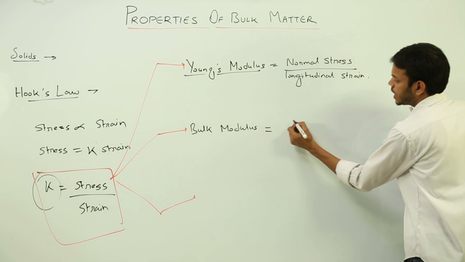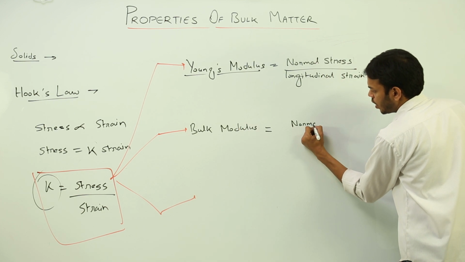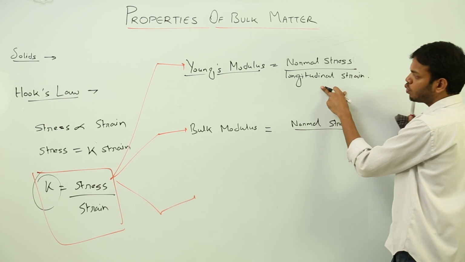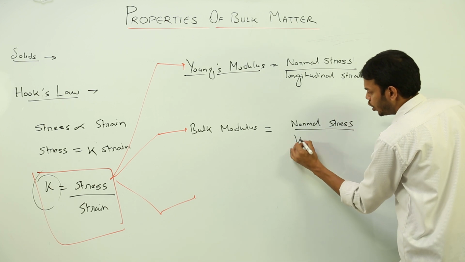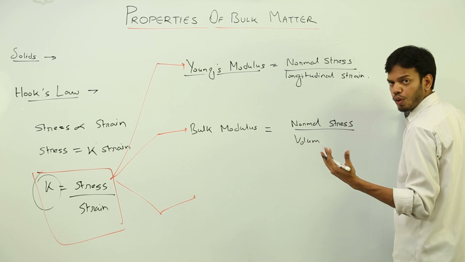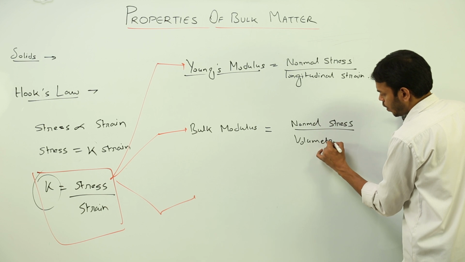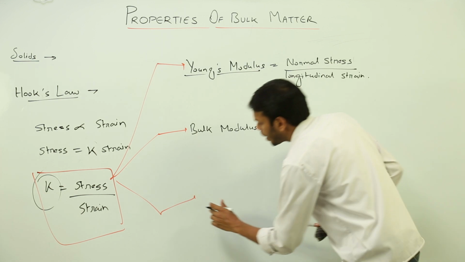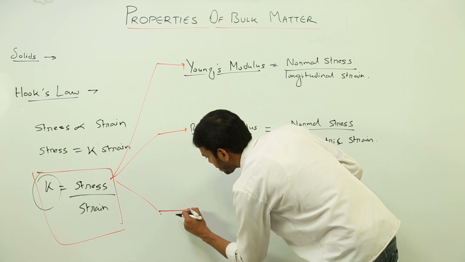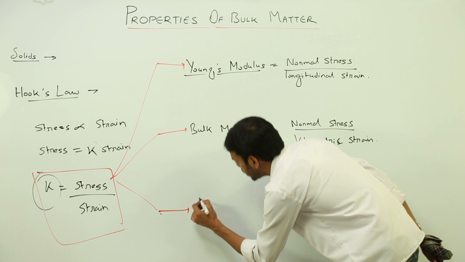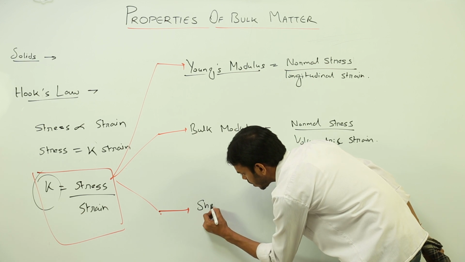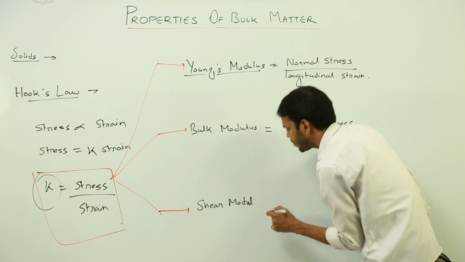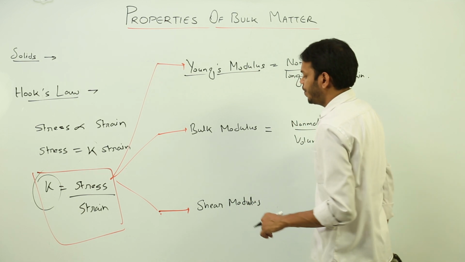Now bulk modulus is again normal stress upon, instead of longitudinal strain, here in bulk modulus we have volumetric strain. That means change in volume over original volume. Volumetric strain. And lastly, we have shear modulus, or there is another name for it.